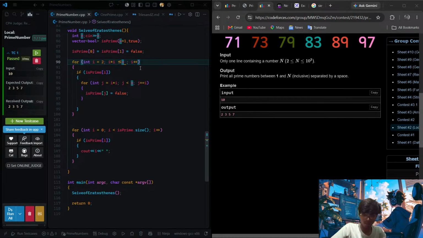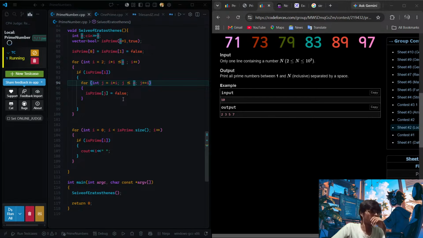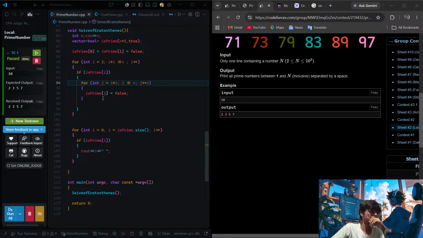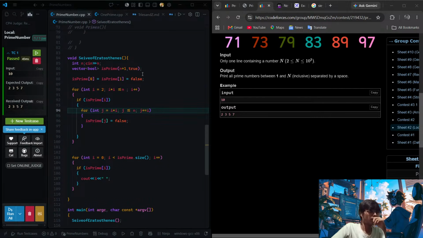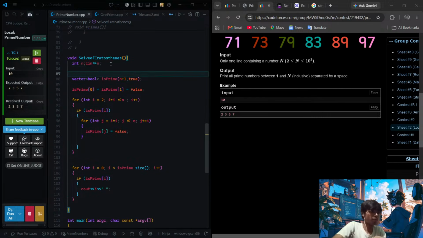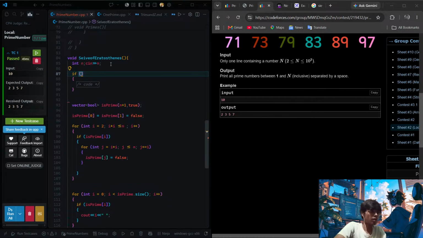Under root of 10 will give me 3 or something around 3. So for 2, every number that is divisible by 2 has been crossed out, right? So I have to go till n. And one thing I also have to do here: if n is less than or equal to 1, I don't have to do anything.